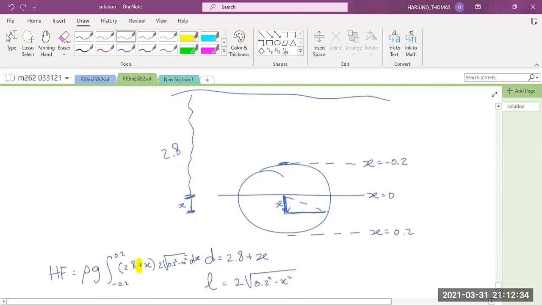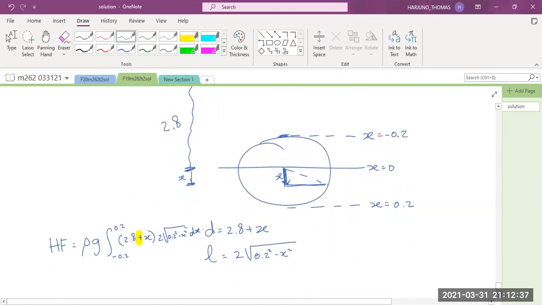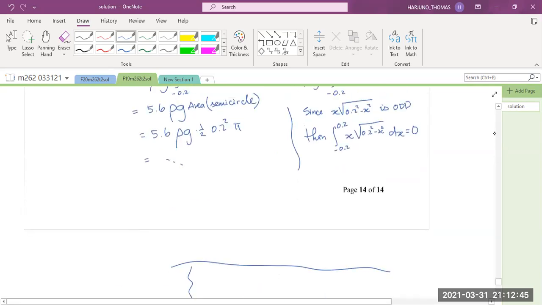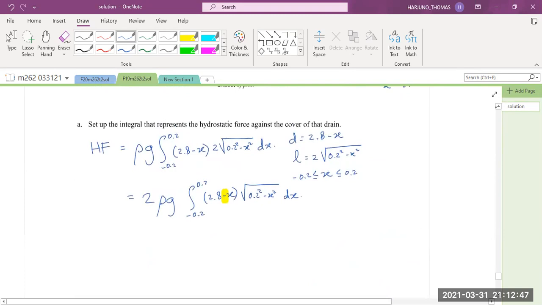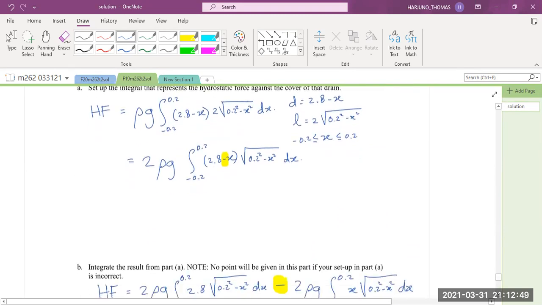At the end, the setup looks different, but when we actually integrate, you will see that we come up with the same answer. Now, don't try to integrate this though. Please, you will waste so much time.